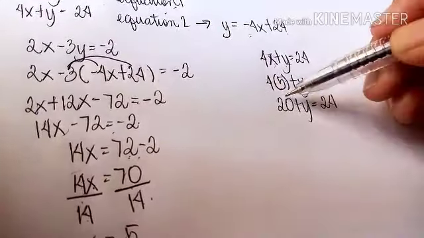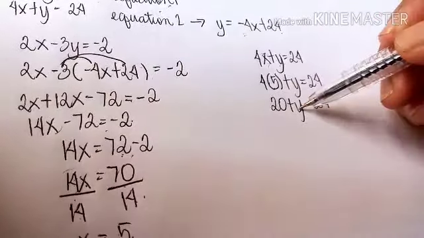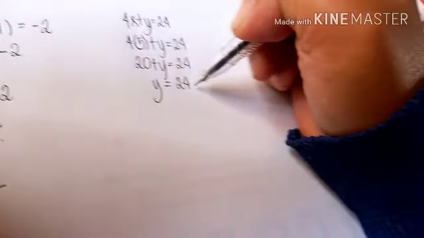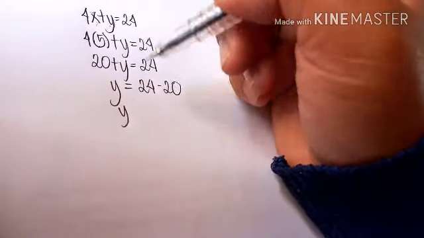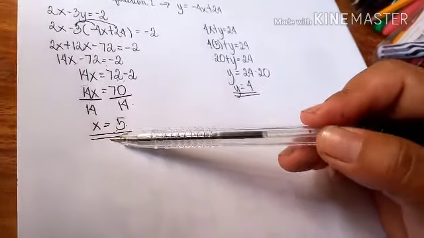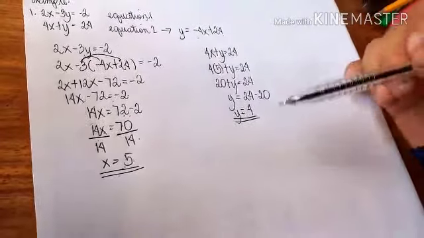After that, we transpose the 20 so that we could find the value of y. So that is 24 minus 20, which gives us the value of y, which is 4. So there we have the value of x and the value of y. So x is 5 and y is 4.